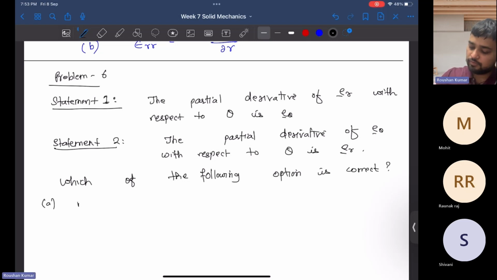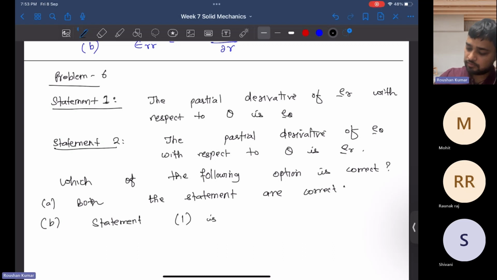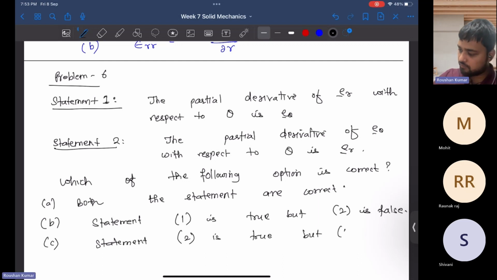The first option is both the statements are correct. Second option is statement 1 is true, but 2 is false. And the third option is statement 2 is true, but 1 is false.